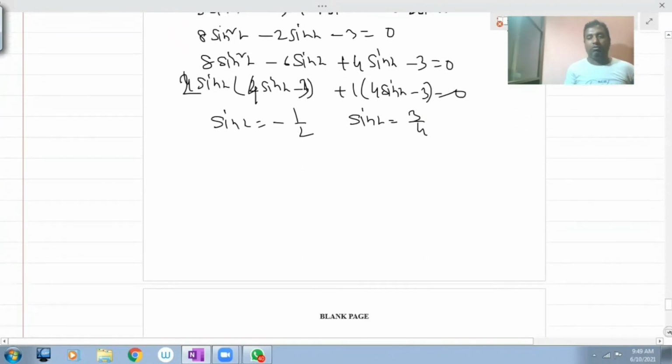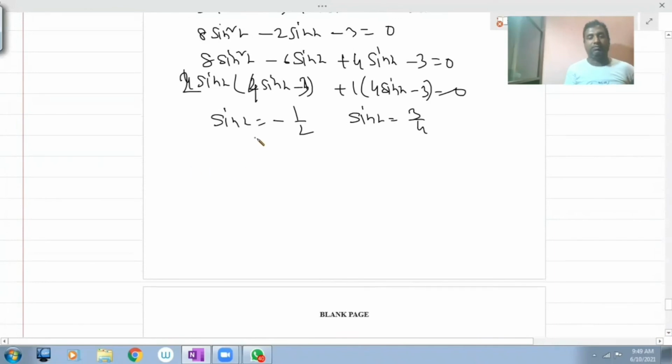Now we know how to solve a trigonometry equation. So this is the quadrant position. So x equals 180 degree plus sin inverse half.